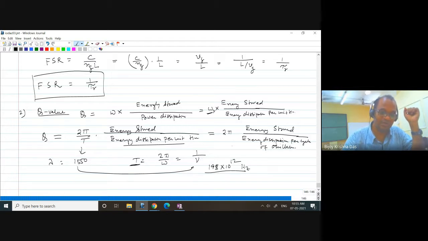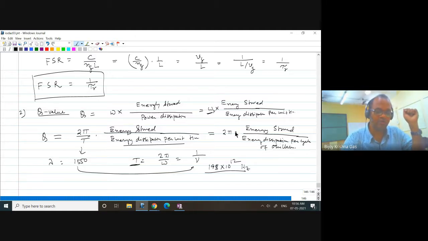So this is the Q value: energy stored divided by energy dissipation per oscillation. That means you have to consider the resonance frequency, the time period at that frequency, and within that time period, how much is lost. Because of the loss in a ring resonator, some energy will be lost. So energy stored is normalized to that. That is a figure of merit called the quality factor.